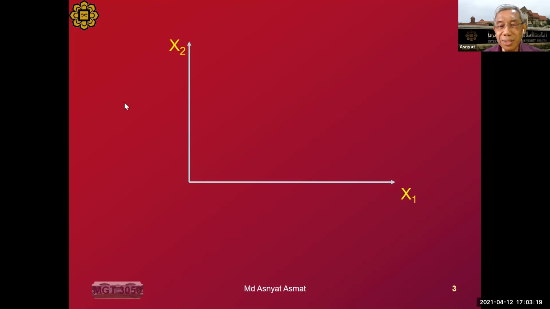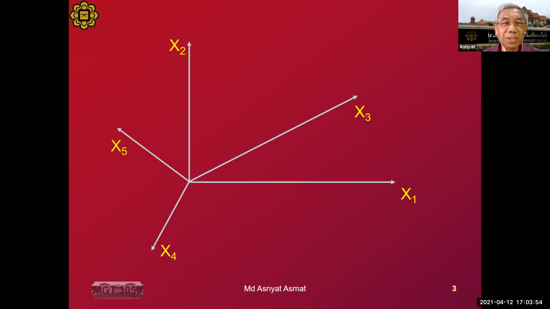Let's say if you are running a jewelry store, maybe not only bracelet and necklace. Say we have another item, ring, pendant, for example. We have more than two. Then let's say we have another dimension, x3, and then another dimension, x4, and some more, x5.